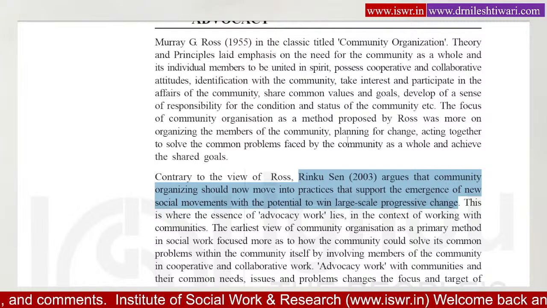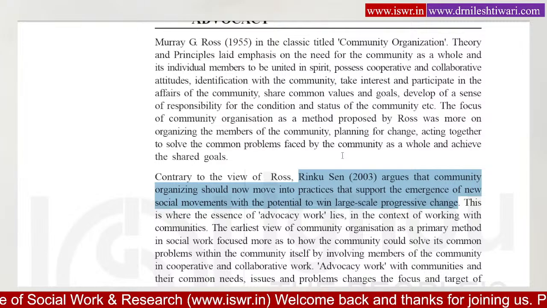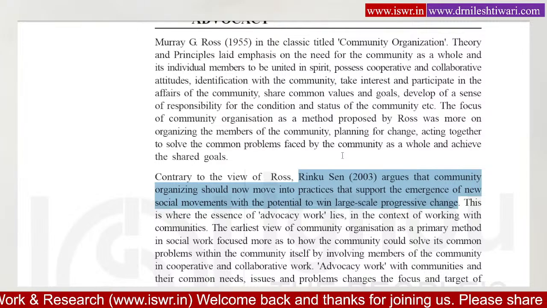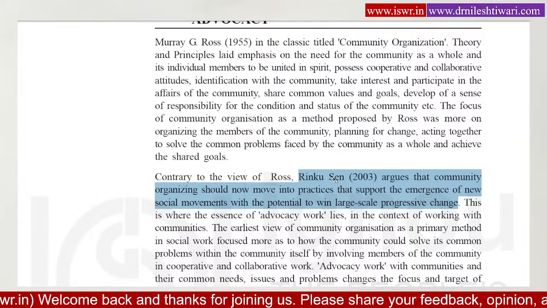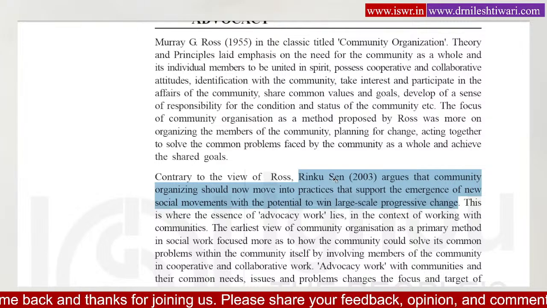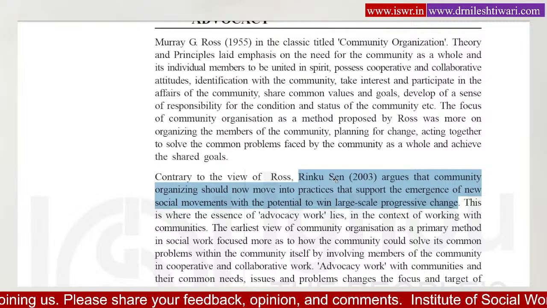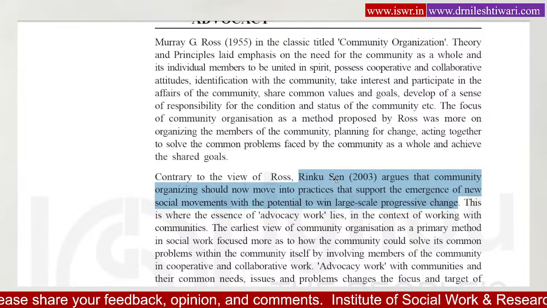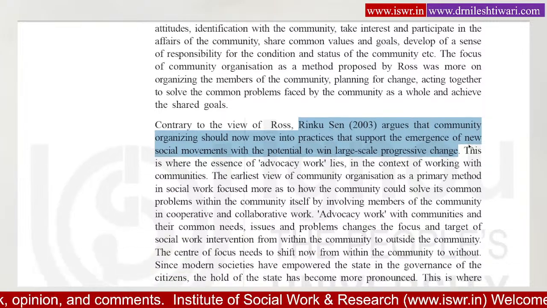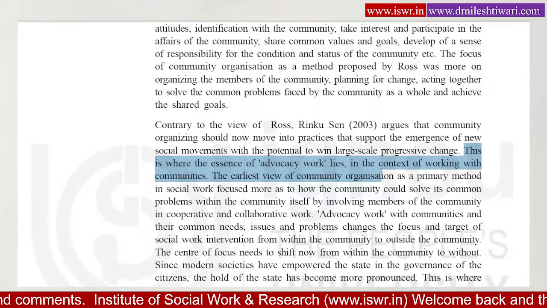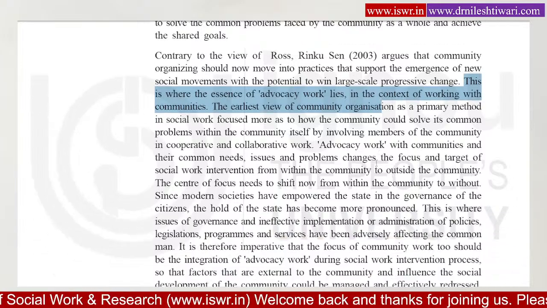But Rinku Sen in 2003 argues that we have to move further on to expand this concept, where the emergence of new social movements, changing societal norms, and progressive change in the society are to be taken care of. So this is where the essence of advocacy lies in the context of working with communities, right?